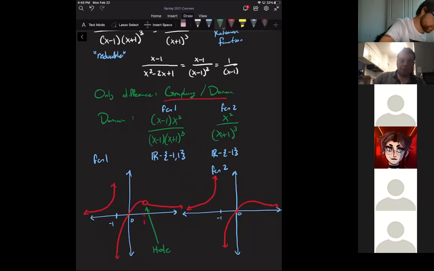But when we look at the irreducible version, there's no hole. So this hole is just saying that our function is needlessly complex. It can be simplified in some way.